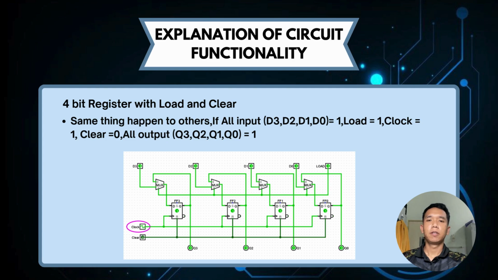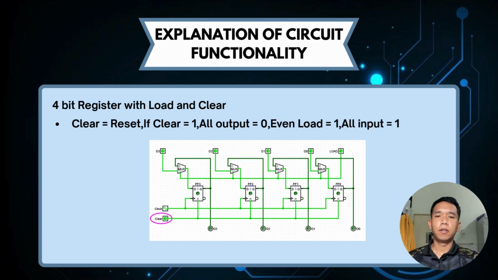Okay, for the third picture, if all inputs D3, D2, D1 and D0 equal 1, load equals 1, clock equals 1, clear equals 0, all outputs Q3, Q2, Q1 and Q0 equal 1.